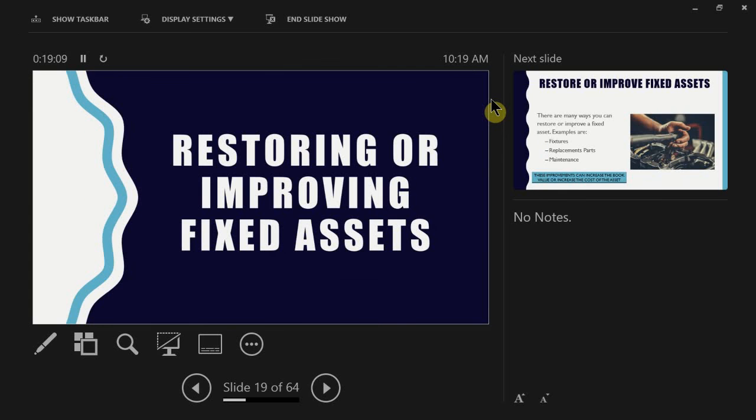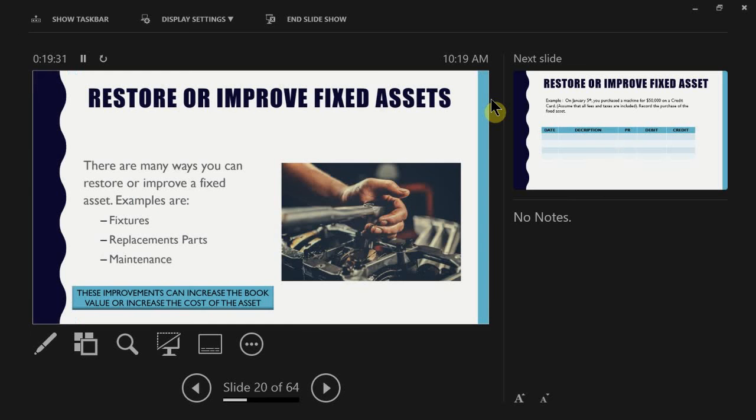Okay. Now, what can I do to increase the value? If I've reached the end of its life, right? And I can see that this machine can still keep going, or if I add improvements to a fixed asset to extend its life, how can I do so? So you can do that by restoring or replacing or just doing some improvements.